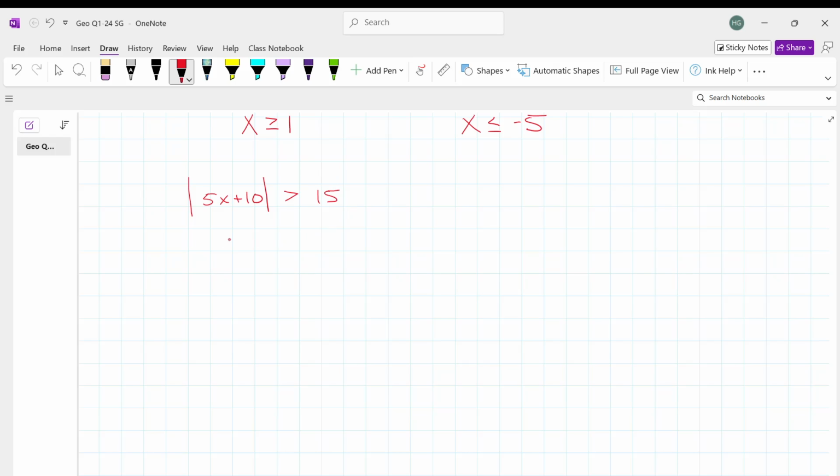So rewrite it just the way it is: 5x plus 10 greater than 15. And then 5x plus 10, we're going to change the direction of the inequality, and we're going to negate 15. So negative 15.